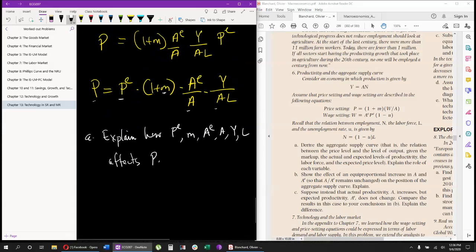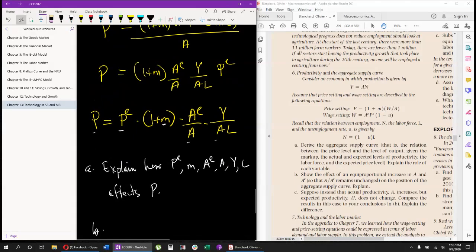You guys do the explanation. That's in part A. And then part B and part C, once again, I'm going to leave for you guys. So there's no more derivation left. All you guys have to do now is just basically explain this, okay? I've done the derivation. You guys try to find explanations of what happens when different things in the economy change.